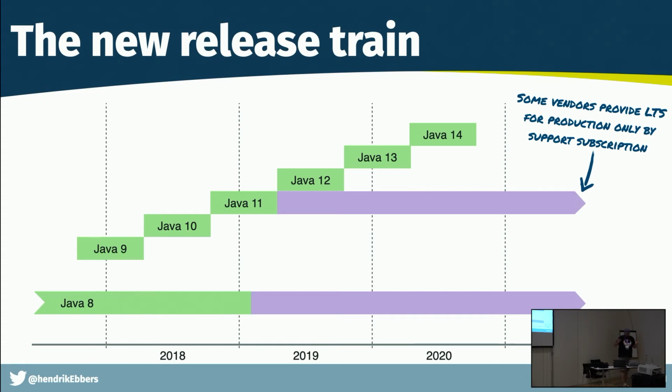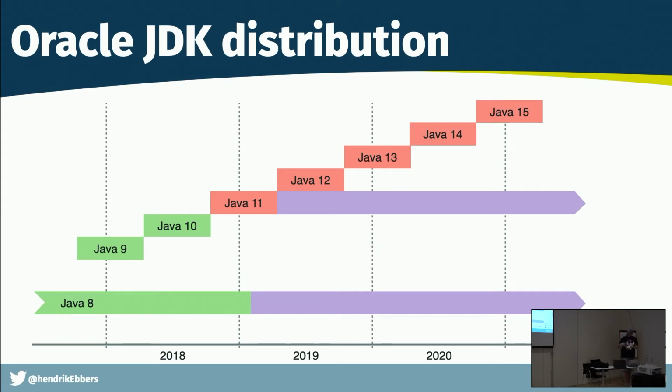And at the end, this is what companies like Azure or Amazon or Eclipse Adoptium are doing. They work together on these LTS versions in the open and then create their own versions based on it. And Oracle had another idea, and this does not work that well for Oracle, because a lot of companies, a lot of people switched away from the Oracle JDK, because there were quite good alternatives.